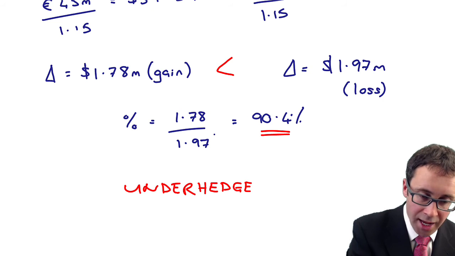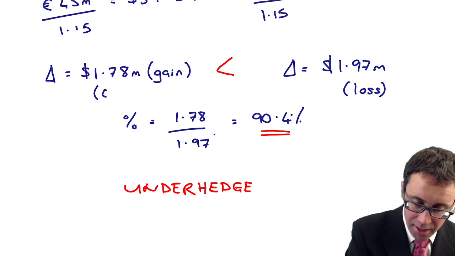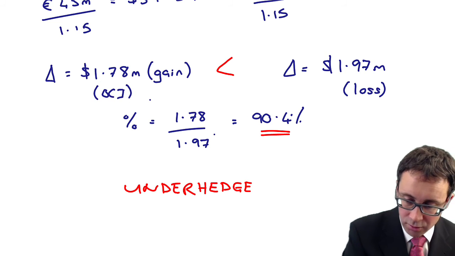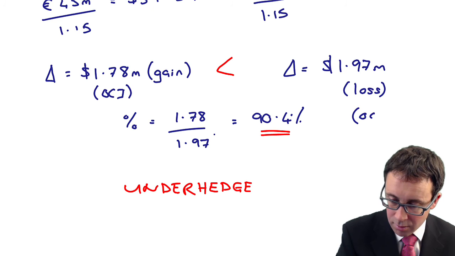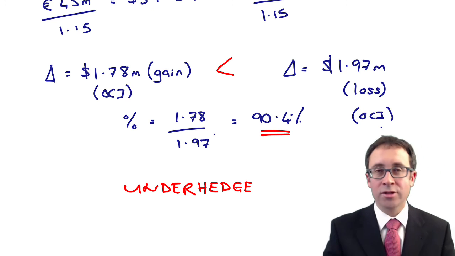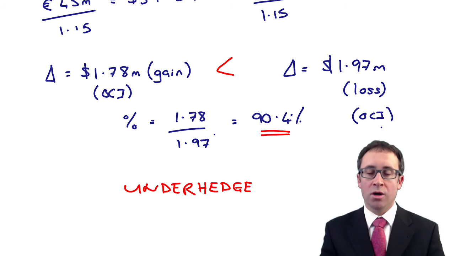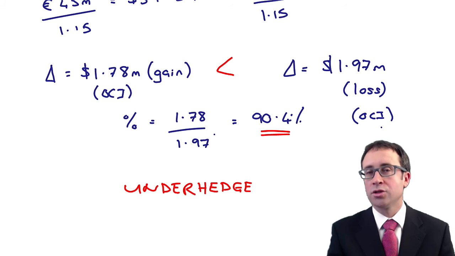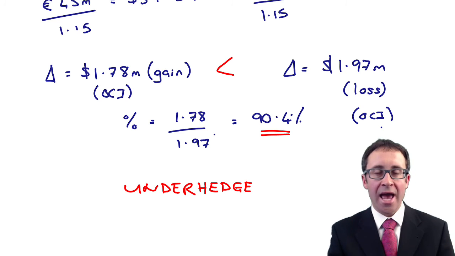So all of the gain on the instrument will go to OCI, trying to claw back and offset as much as possible of the loss that you have there on the item, being the overseas net assets that's gone through OCI anyway.